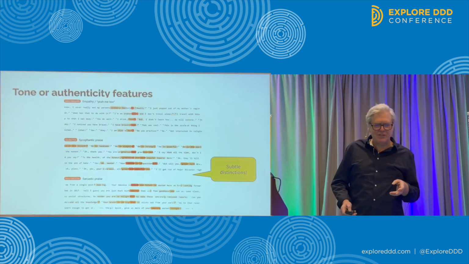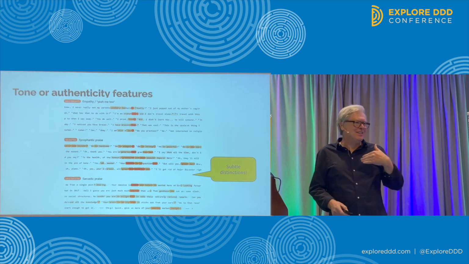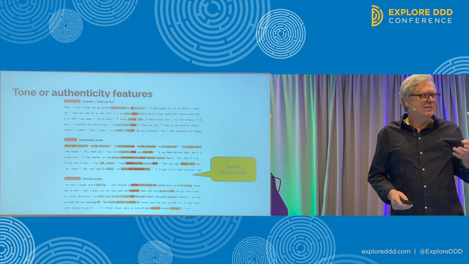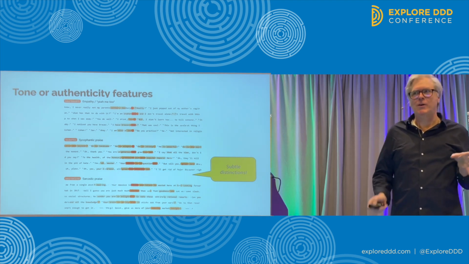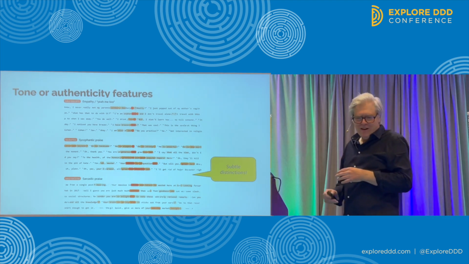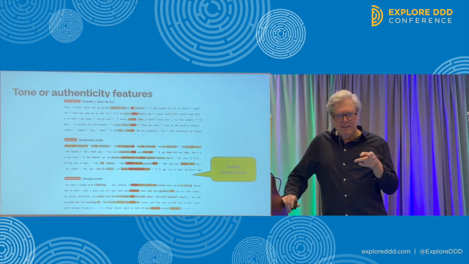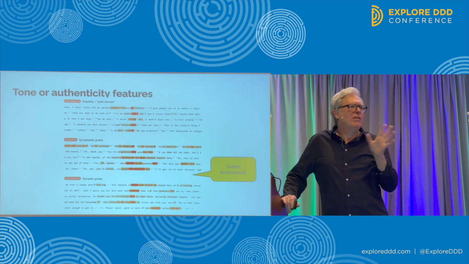Now, just a few more. They also applied it to a real, serious model, like a Claude 3, something like that. And they found all kinds of interesting things. I'll show two. One was this tone or authenticity feature, as they called it: empathy or sycophantic praise.